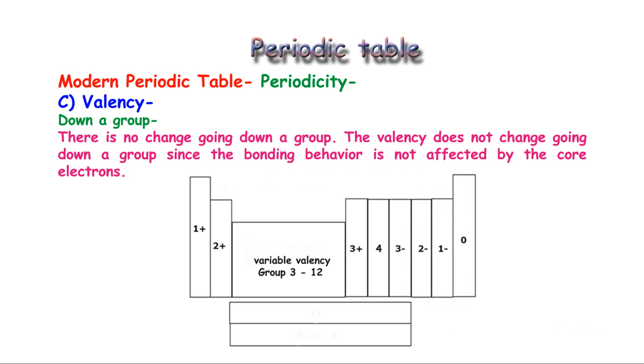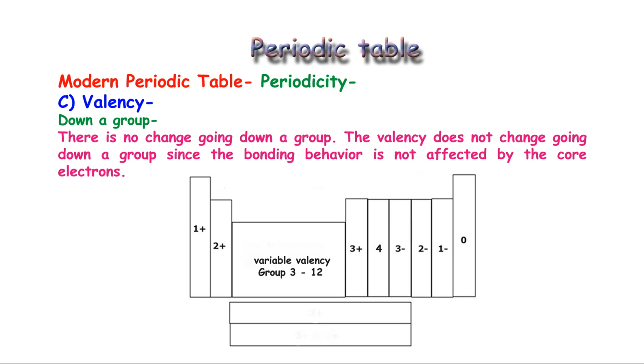But there is a basic difference between the valencies of group 1 and group 17. The group 1 elements release the outermost electron, that's why their valency is termed +1, but group 17 accepts 1 electron and their valency is -1.